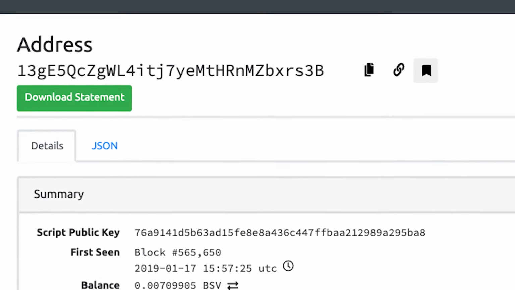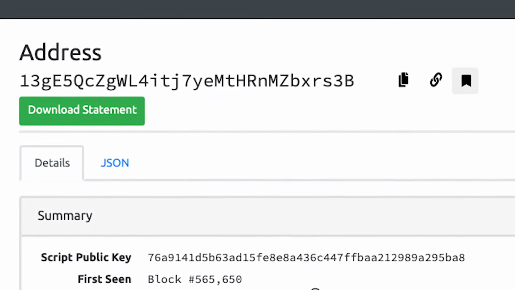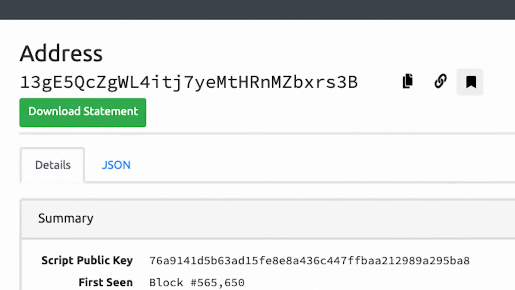So the CentP wallet has looked in your keychain and gone, here's an address that you can use, and presented that to you, probably with a QR code and an easy way to copy it. So you've copied the address, gone into Handcash, pasted the address in and said £1. Handcash has recognized that this is a typical Bitcoin address.